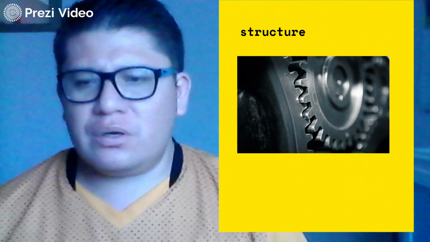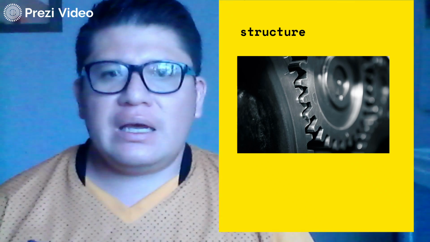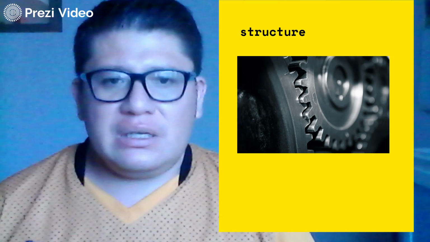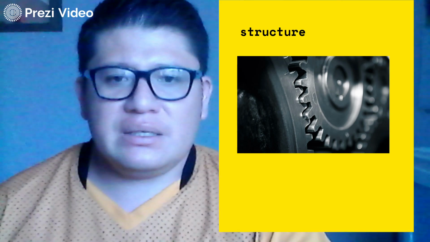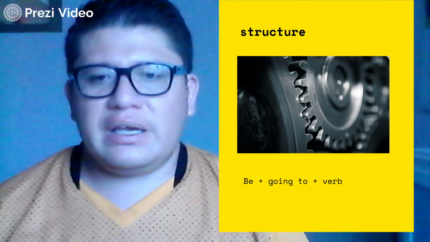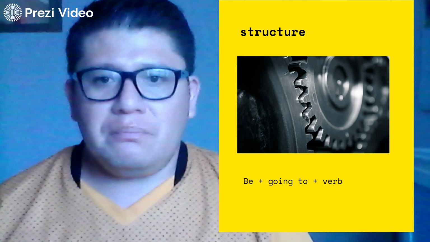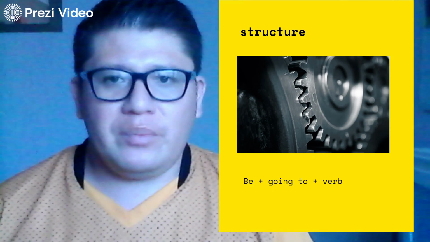At the beginning of this video, I said that this lesson is similar to lesson 10B. Why did I say this? Because we are going to use the same structure: be, going to, and infinitive verbs.